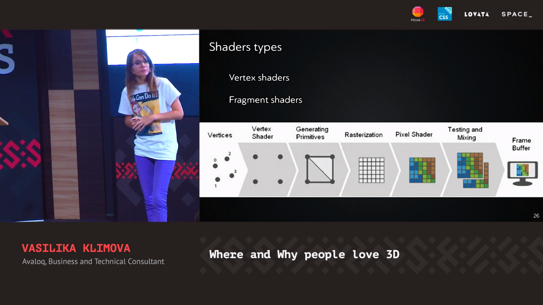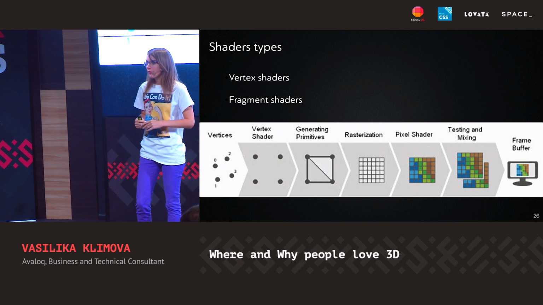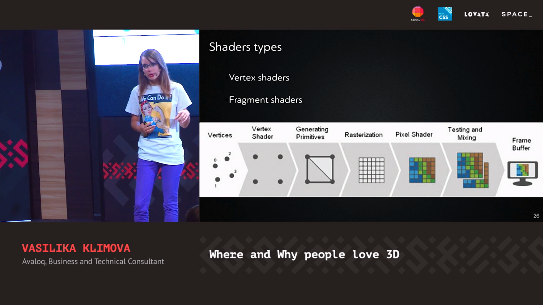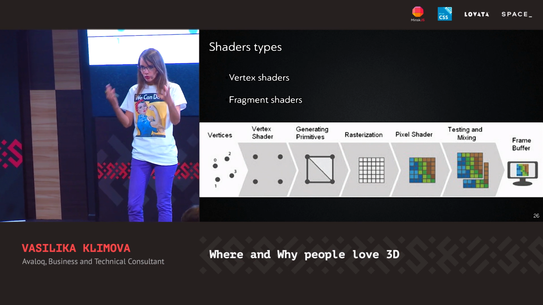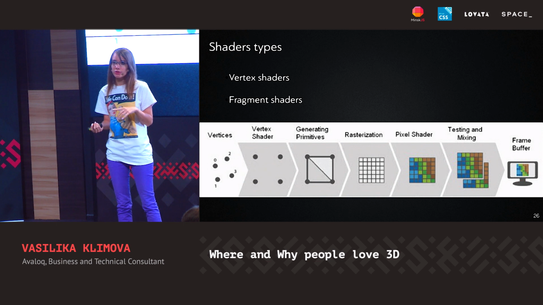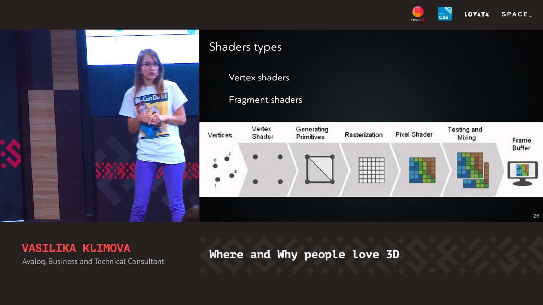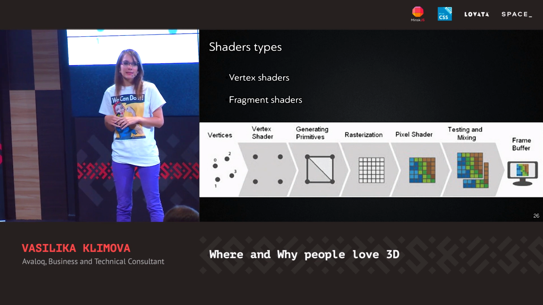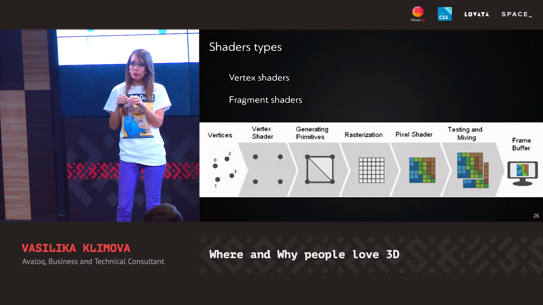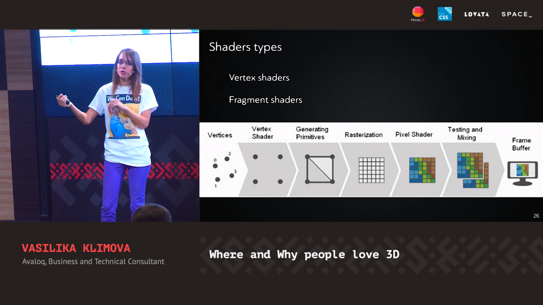What are they? The vertex shader takes care of the points of vector objects, what we want to see finally. The vertex shader works for each vertex of our 3D object. And what is the fragment shader doing? It's drawing our points to pixels on the web page.